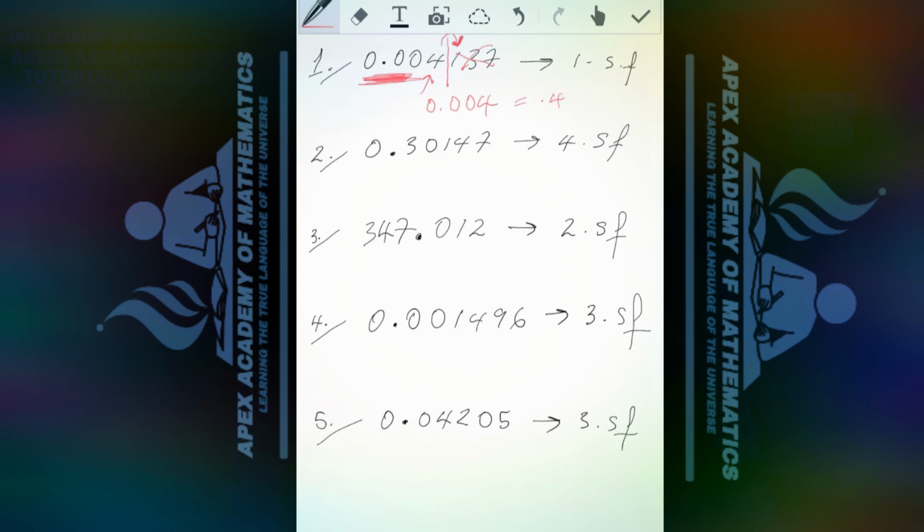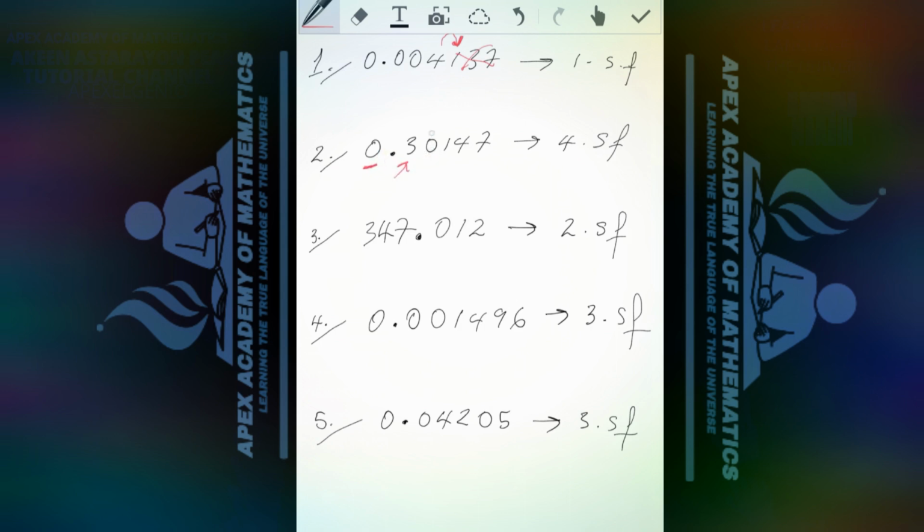All right, let's get into example number 2 here. Let's just do a little erase here. Okay, good. For this number, we have 0.30147, and we want to approximate this number to 4 SF. So this 0 is insignificant, and this 3 is my first significant figure.